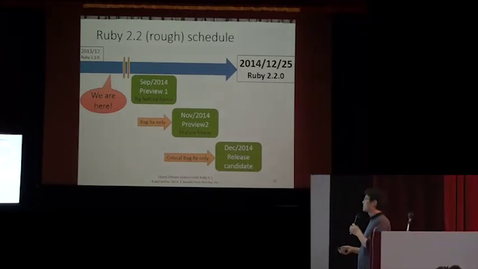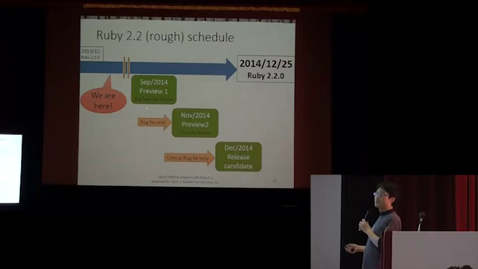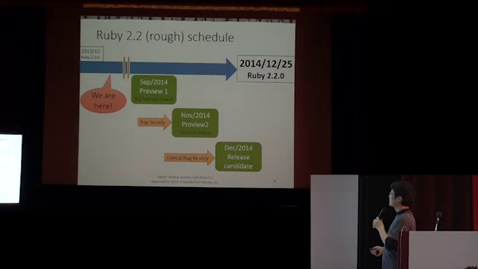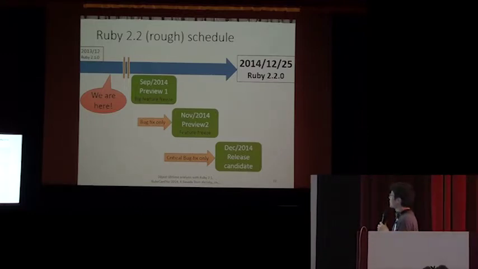The rough schedule is that in September we will release preview 1, and in November we will release preview 2. Maybe this is a similar time to RubyConf in the United States. And also we will release release candidates.